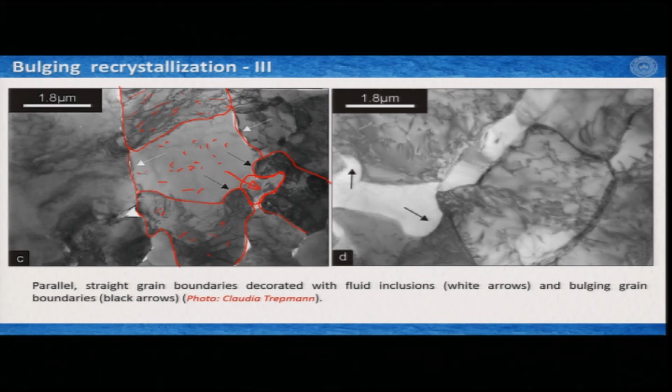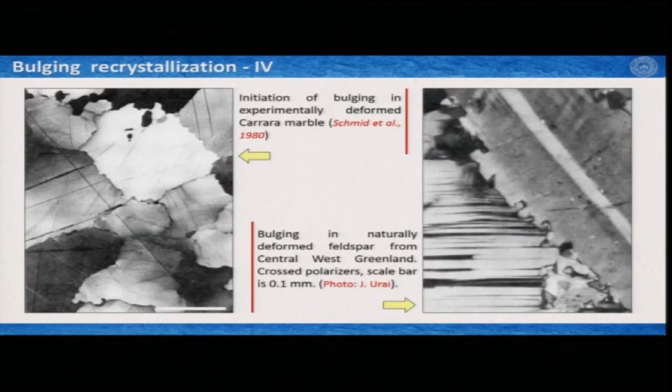The same thing you can see here: this whitish area has less dislocation density compared to this area here, and these are trying to engulf or bulge inside the crystals or grains with much higher dislocation density.